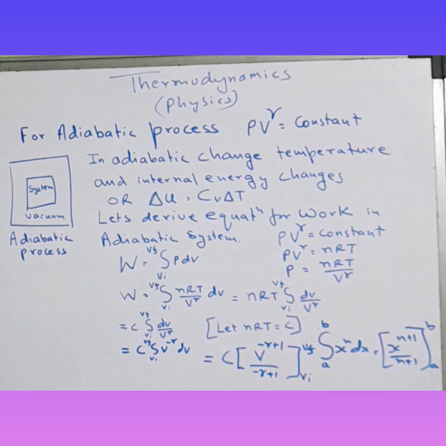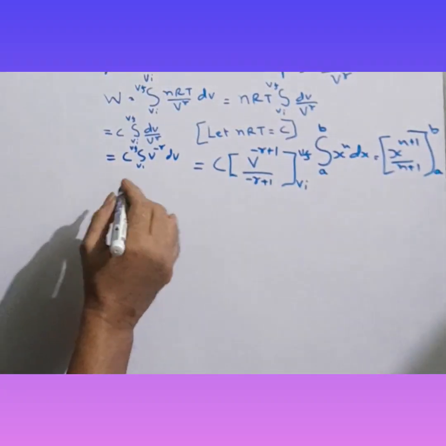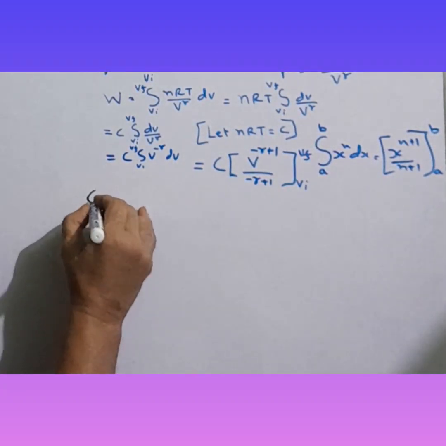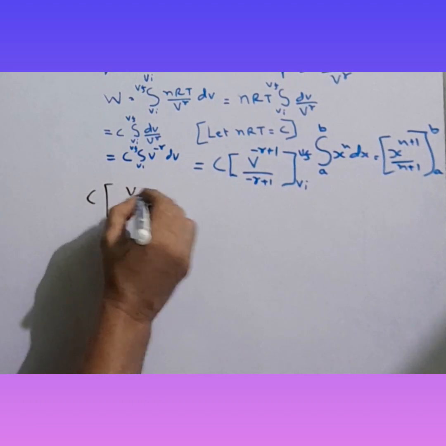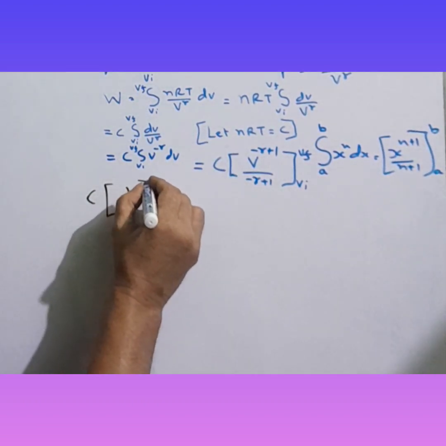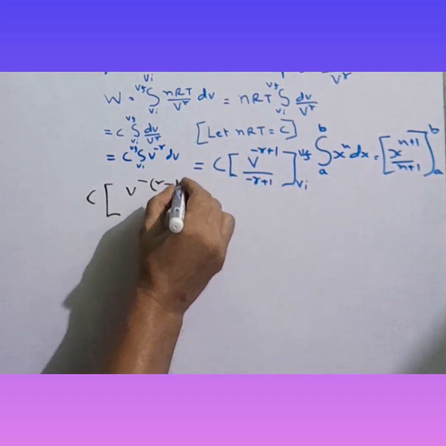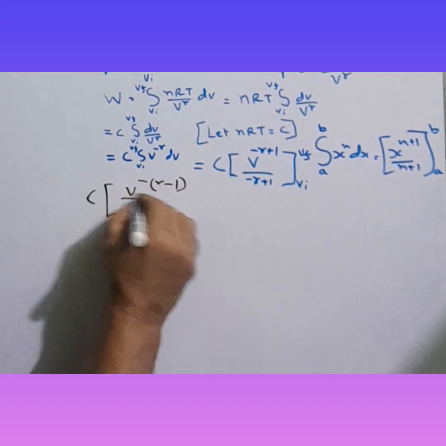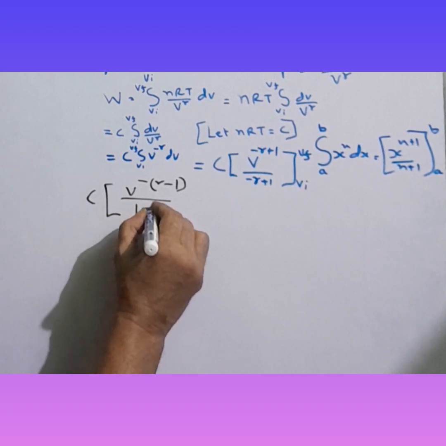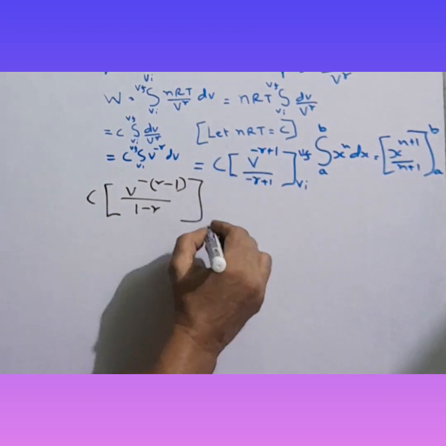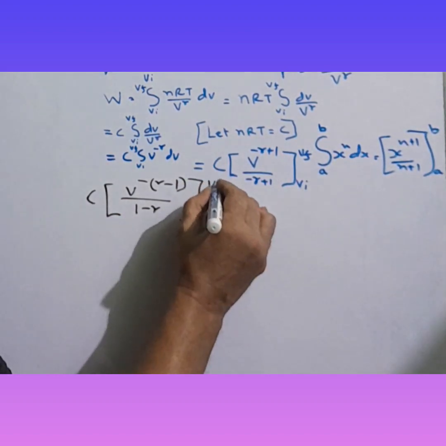Now let's proceed ahead. I bring in two changes. I take the minus out, so it becomes minus over gamma minus 1, and I write this as 1 minus gamma, with the values Vi and Vf.